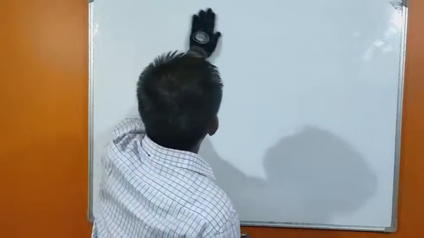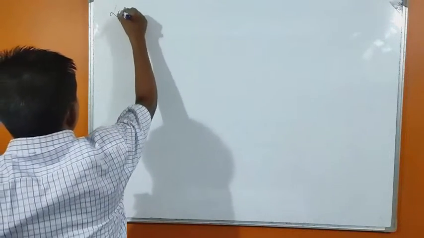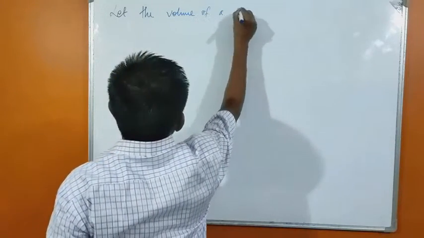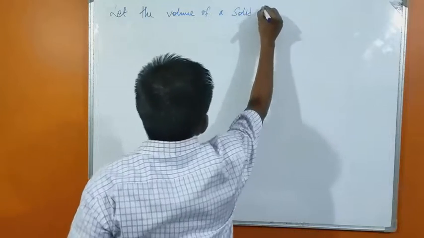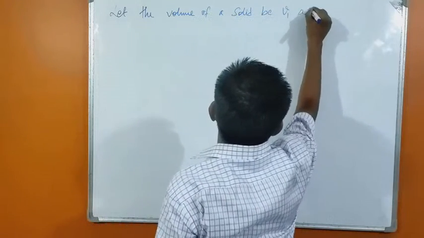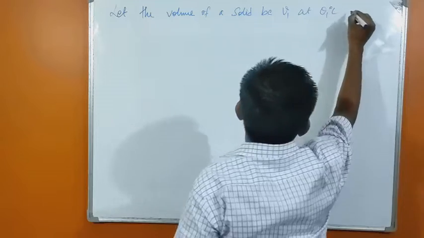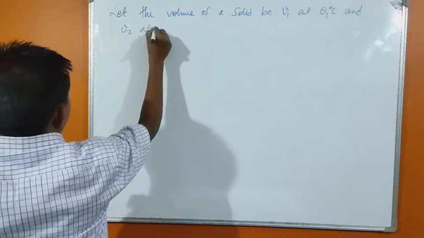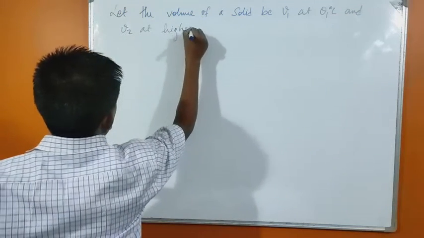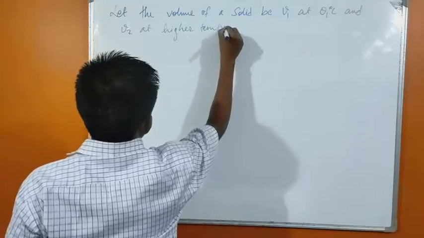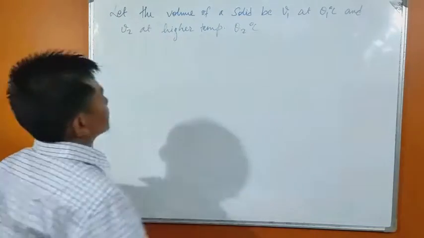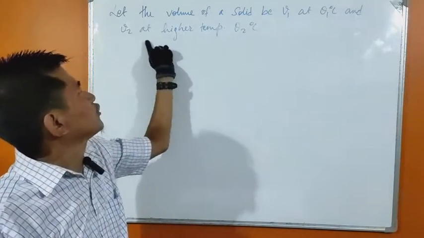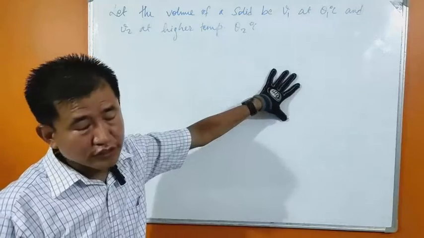Suppose the volume of a solid be V1 at theta 1 degree Celsius and V2 at higher temperature theta 2 degrees Celsius.